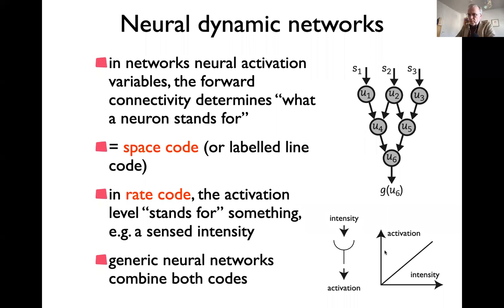Now, in many neural networks, people will not very strictly distinguish between these two kinds of principles, essentially mixing them more or less arbitrarily. And that is not entirely wrong, in that in the brain, you also find both aspects. So you find, for instance, that the rate of firing of neurons in particular areas might depend on some aspect of the stimulus.